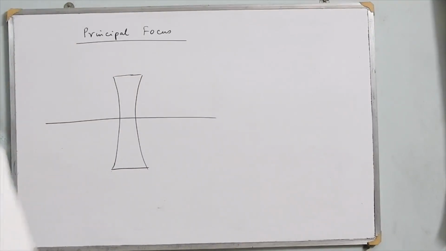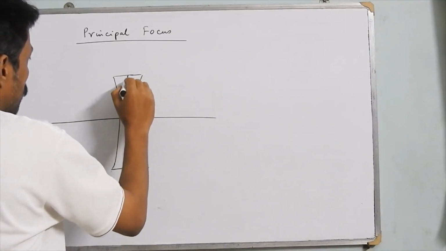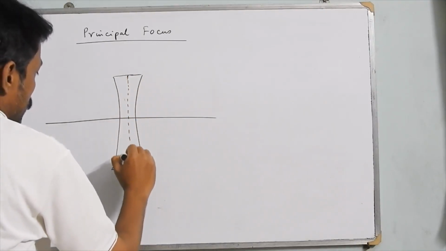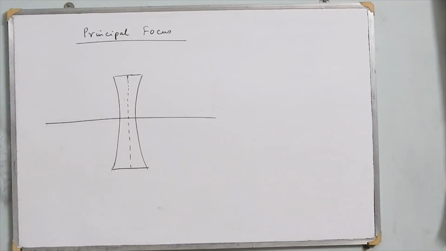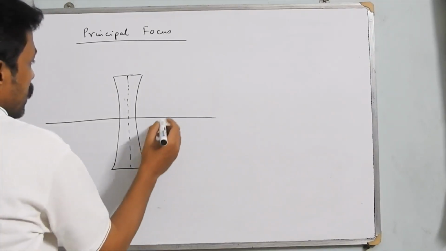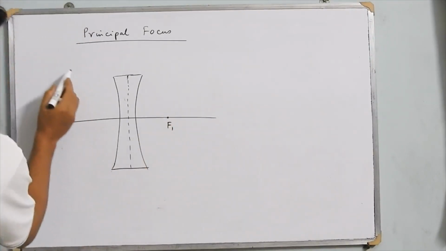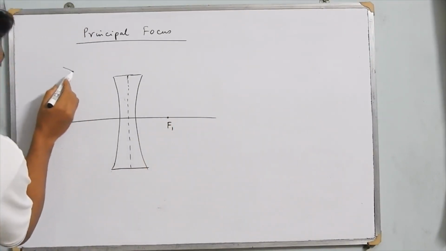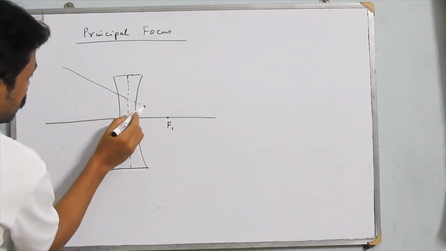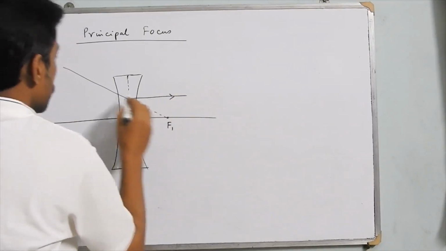With respect to the concave lens, a set of rays incident on the lens after refraction becomes parallel to the principal axis. Suppose there is one point on the principal axis such that a ray of light directed towards this point, after refraction becomes parallel to the principal axis.